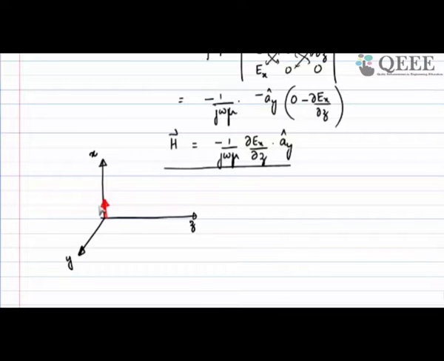This is giving me a magnetic field which is along the y direction. Of course, there is a minus ay, depending on what the result of this derivative is. I could have a plus or a minus, but in general let me say it is in the y direction. This is the direction of electric field. My magnetic field is in the orthogonal direction, y direction. As I said, depending on the sign of my del Ex by del z, it could be in the minus ay direction or plus ay direction. Either way, it is in the same plane.